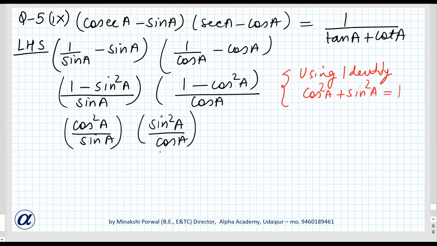Now cos A cancels, sin A cancels. It is equal to cos A sin A.